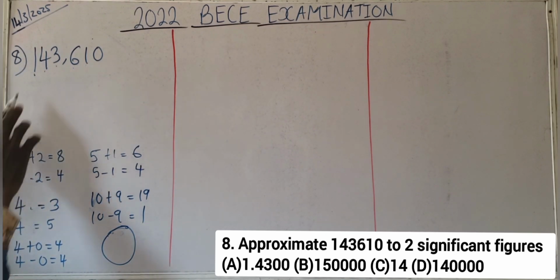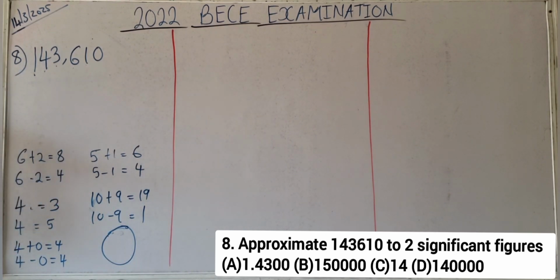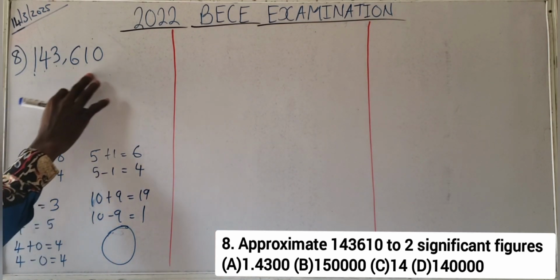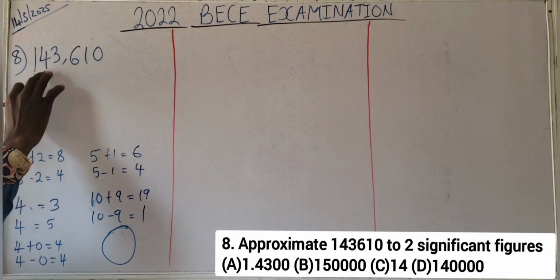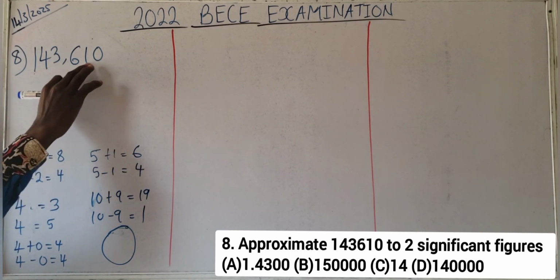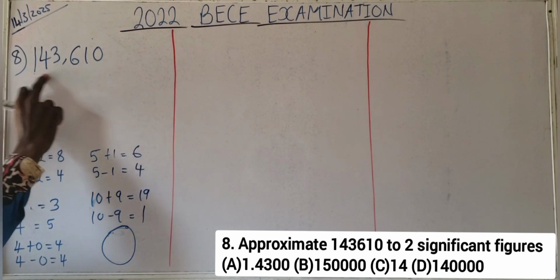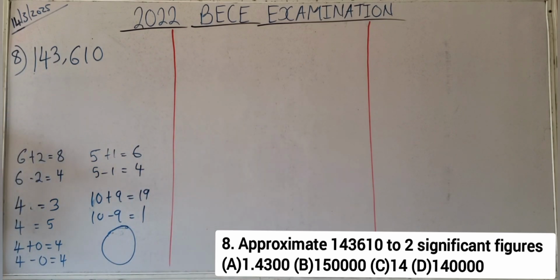We cannot regard 0 as a significant figure. Why? Because if you add 0 to a number and if you subtract 0 from a number, it doesn't affect it at all. That is what I proved here. Okay, so we have 5 significant figures. Now the goal of the question is to reduce this from 5 significant figures to 2 significant figures.